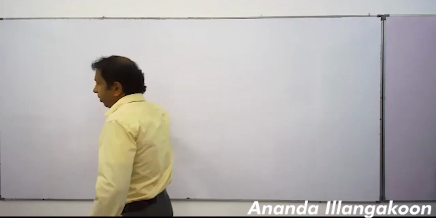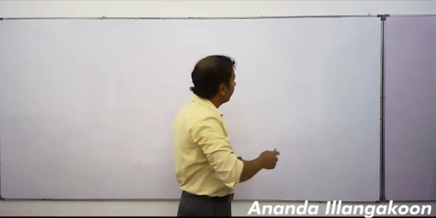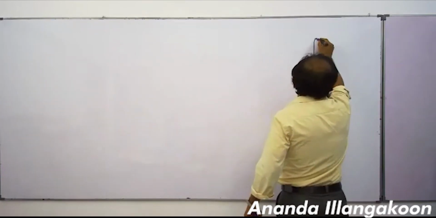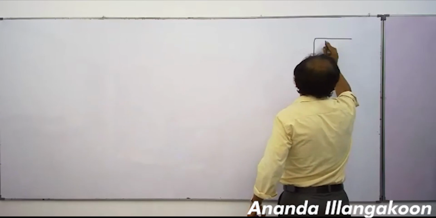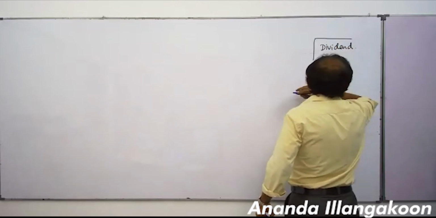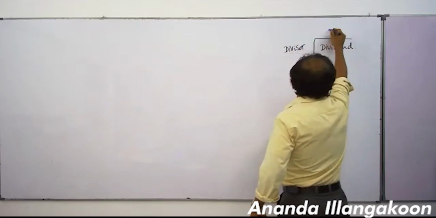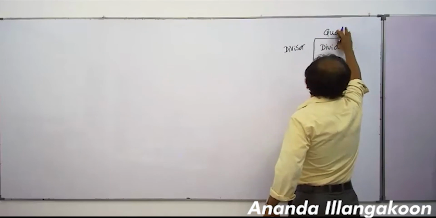Right. People, when we divide two numbers, we know the number which comes here is called as the dividend. This is called as the divisor. This answer is called as the quotient, no?